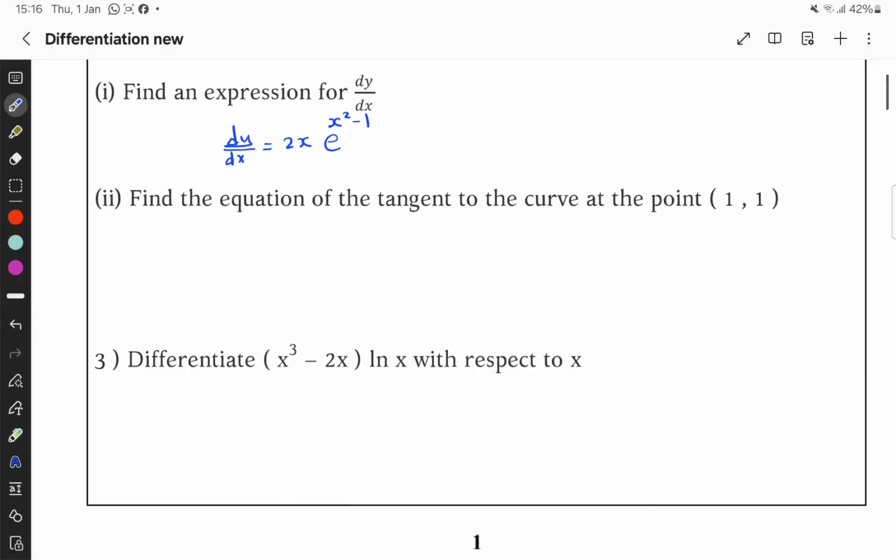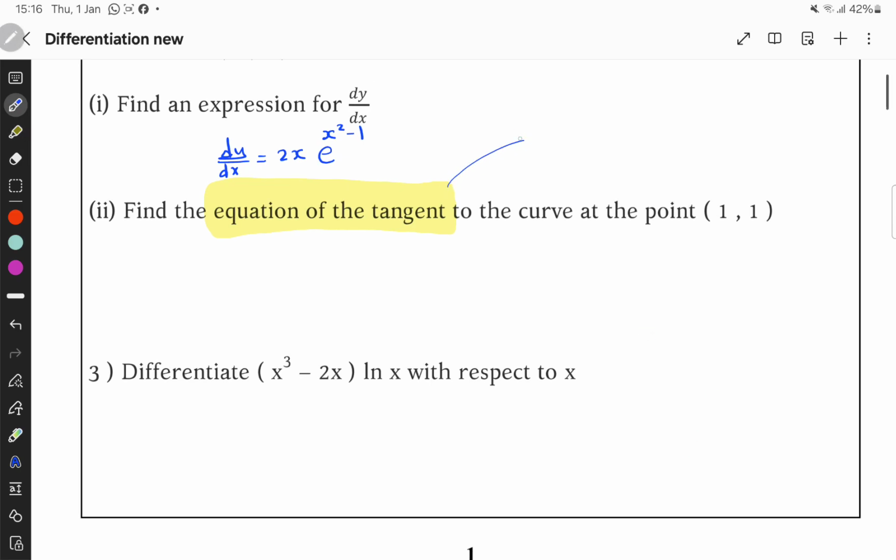Then, he said find the equation of the tangent to the curve at 1 and 1. He said here what? The equation of the tangent. There is a big difference between the gradient of the tangent and the equation of the tangent. To find the equation of the tangent, we always need two things.